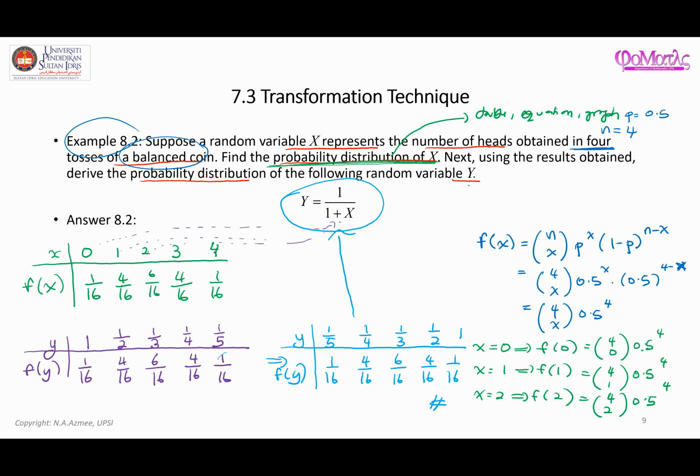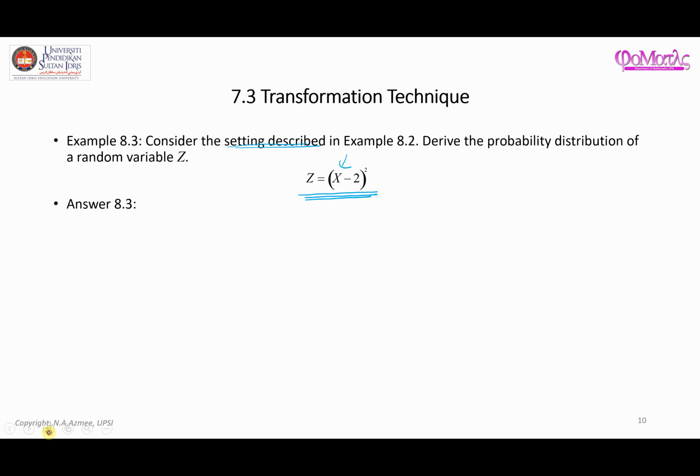Right, now let's look at this example here. We are going to derive the probability distribution for this random variable, and this random variable z here depends on x, and we're going to use the same setting as described in this example here. Therefore, we already have obtained the probability distribution for x. Okay, so therefore PMF for x is given in this table.